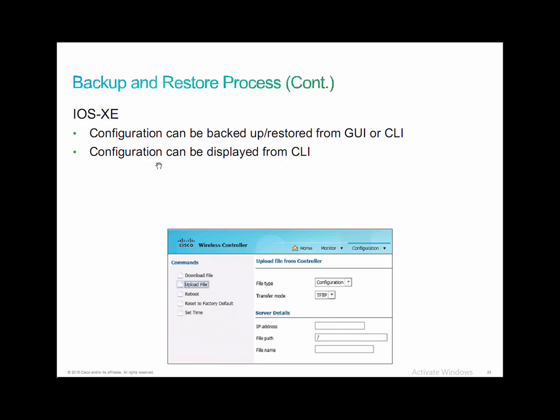If you do copy run TFTP all, it will get the entire configuration, all the package information, and so on. You can use a configure replace. You can use the GUI of the device to upload files and download files. It's not specific to the controller, it's just specific to the device, if that makes sense. You're getting the entire device's configuration.